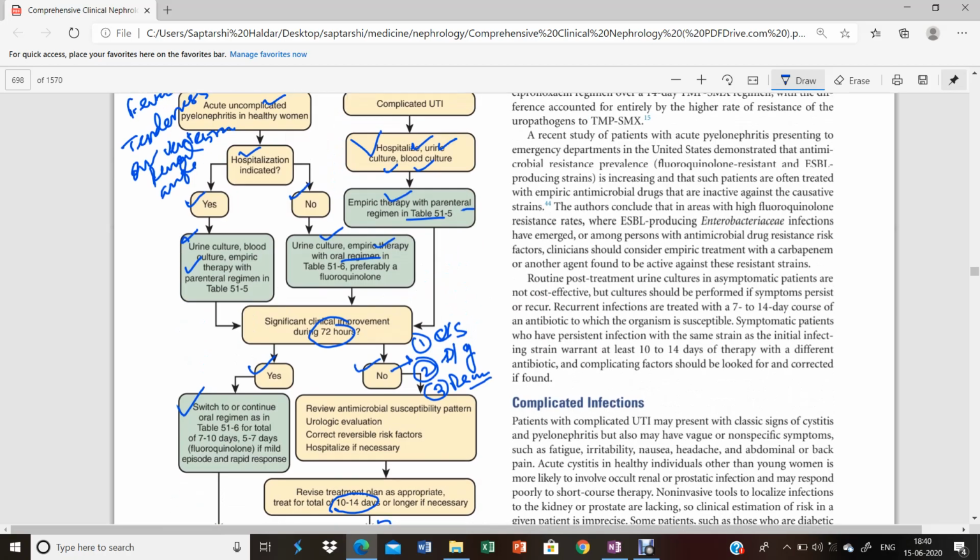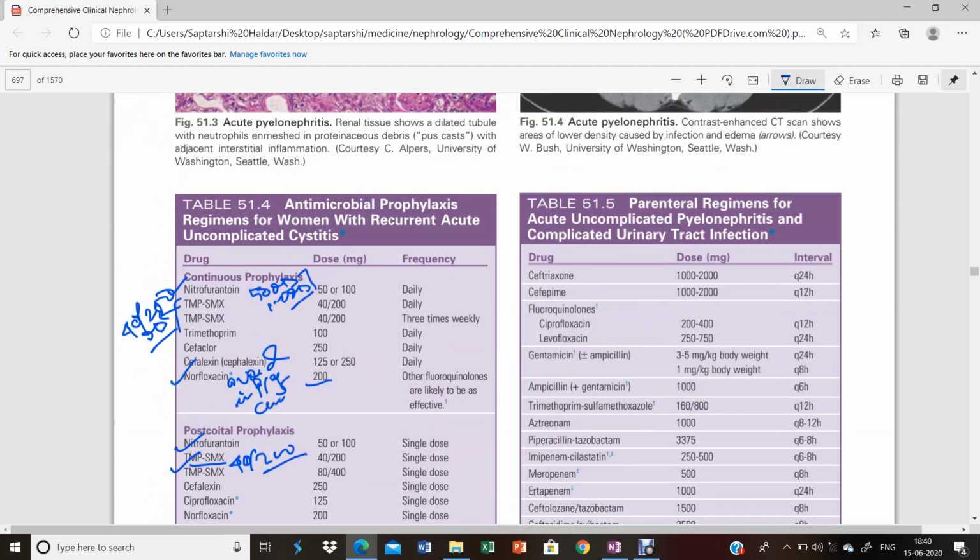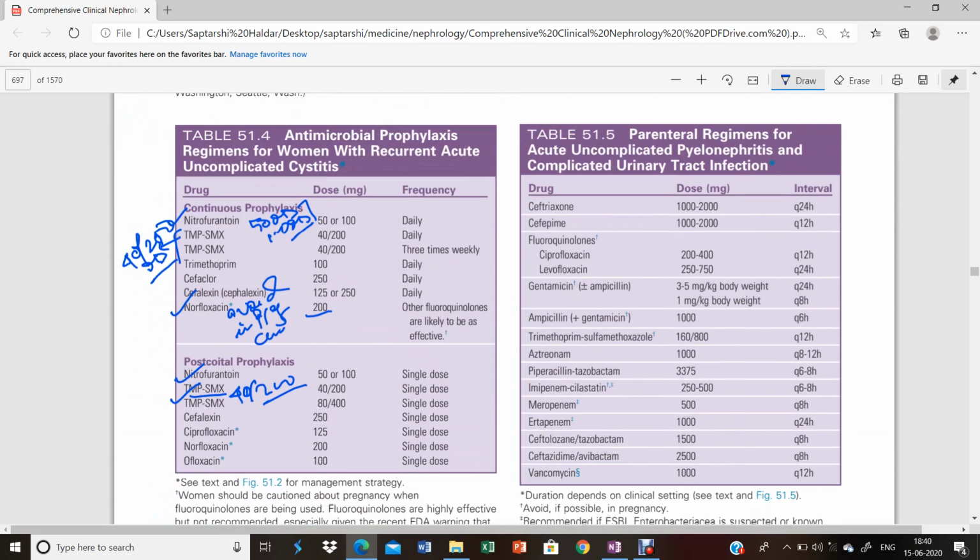Then what parenteral treatment should we give? We give ceftriaxone, 100 to 200, and we may give ciprofloxacin, levofloxacin.